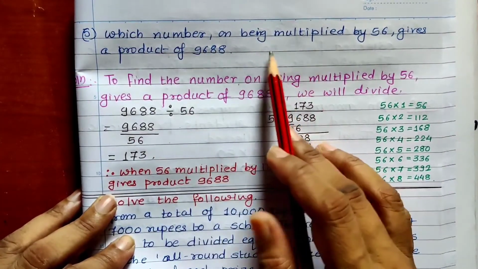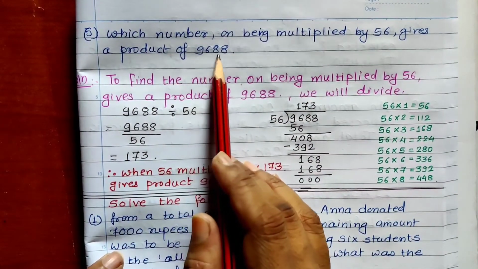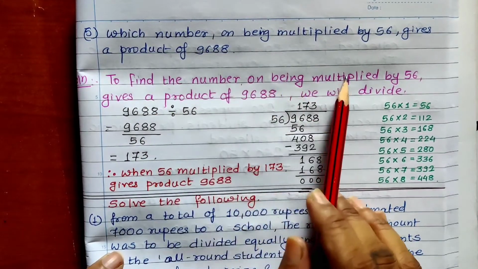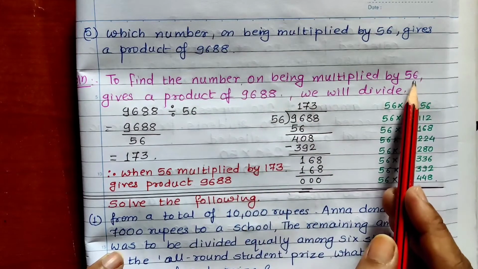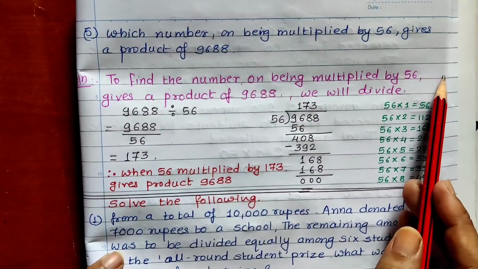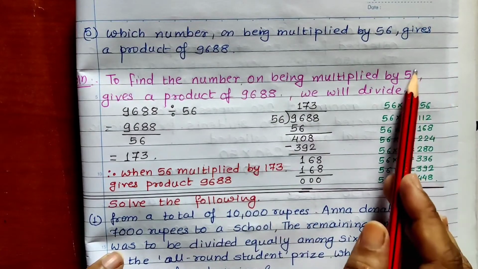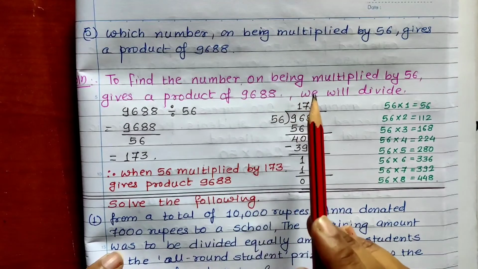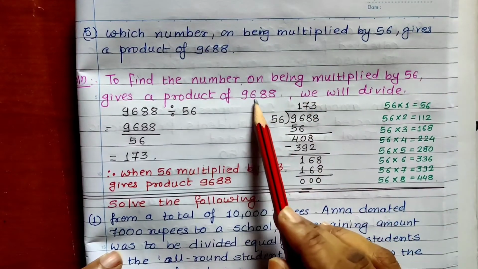Which number on being multiplied by 56 gives a product of 9688? So we have to find the number which, on being multiplied by 56, gives a product of 9688. That means 56 multiplied by which number? Answer is 9688.